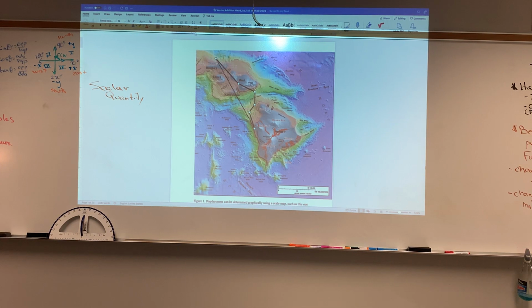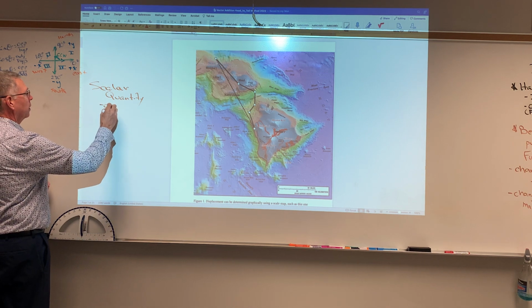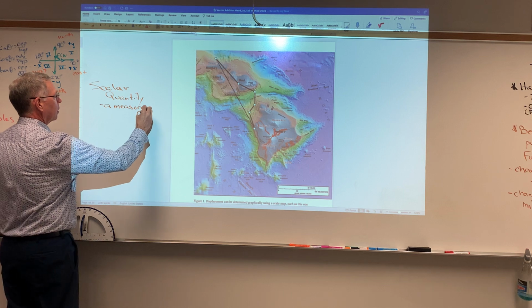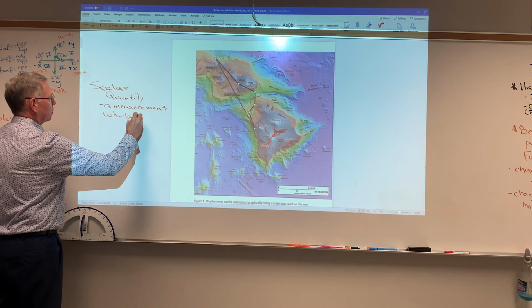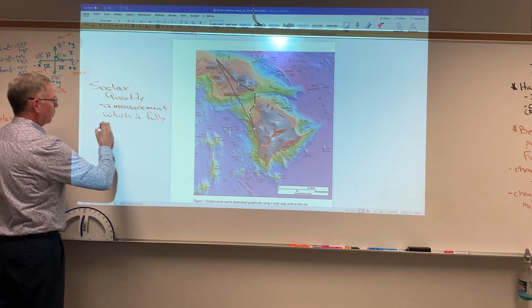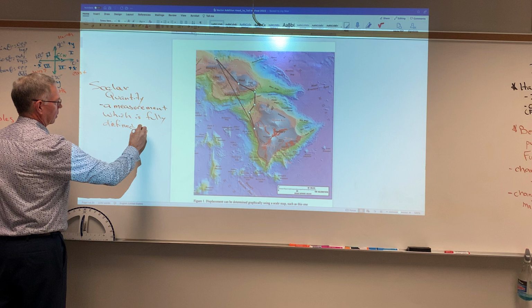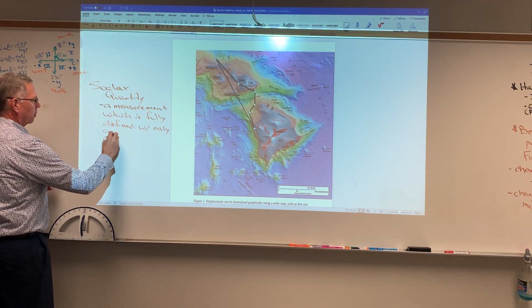All right, so a scalar quantity is a quantity that can be fully defined by just a numerical value. Okay, so a measurement which is fully defined with only a numerical value.